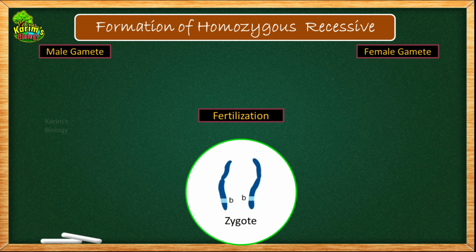Now can you tell me what is the condition of the zygote? Okay, it is apparent from the observation that the condition of the zygote will be homozygous, but is it dominant or recessive? In this case, both alleles are recessive alleles. It is small b which is the recessive allele, and it is the same version. So I can call this homozygous recessive condition.